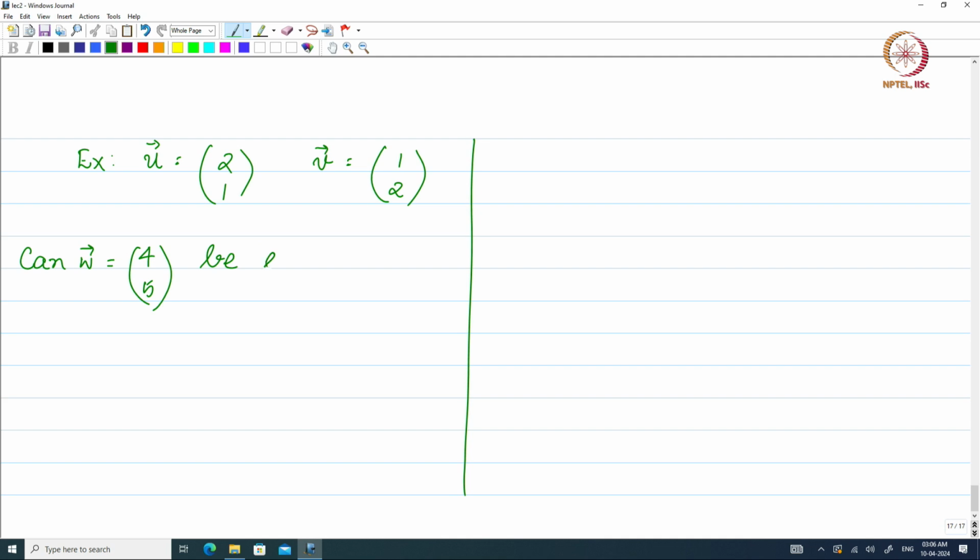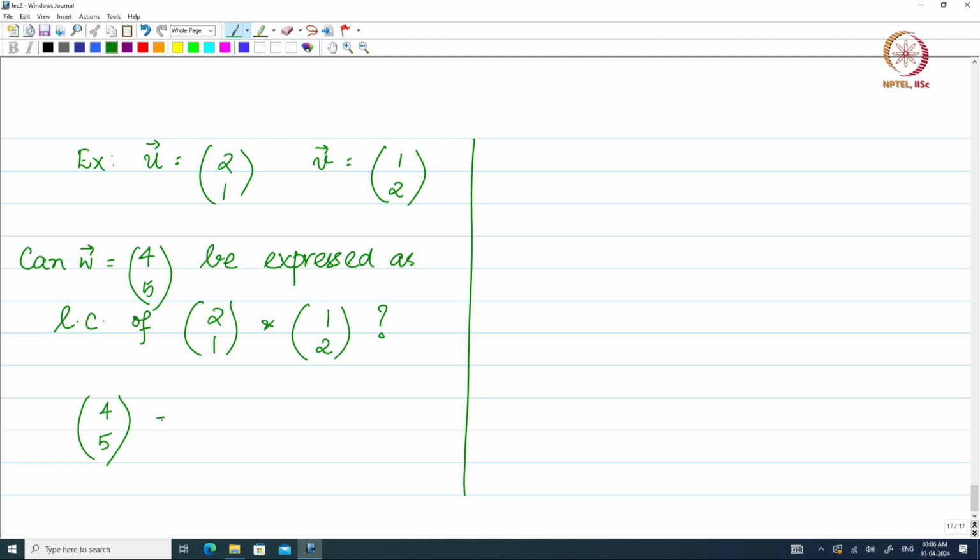Can it be expressed as a linear combination of 2 1 and 1 2? What does that mean? I want to write 4 5 as alpha 1 times 2 1 plus alpha 2 times 1 2, where alpha 1 and alpha 2 are real scalars.